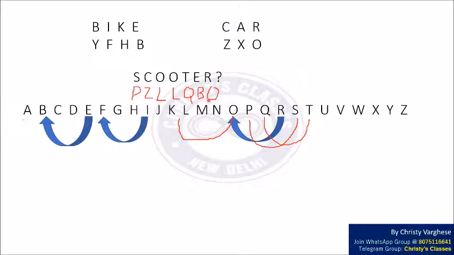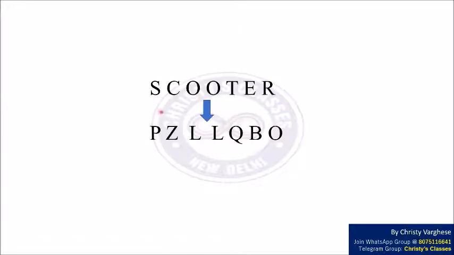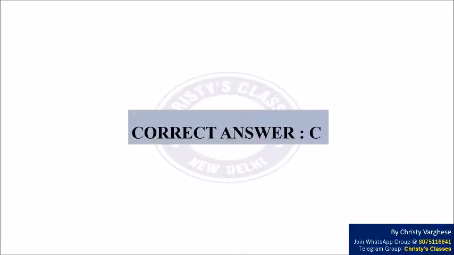And considering the options, we can eliminate all the options A, B and D. So, the only option remaining is C. So, the correct answer is C. In this way, we can also find the answer in an easier way. So, the coding of scooter is PZLLQBO. Therefore, our correct answer is option C.